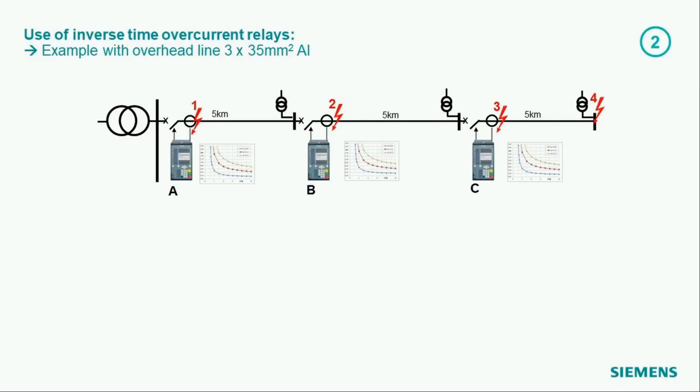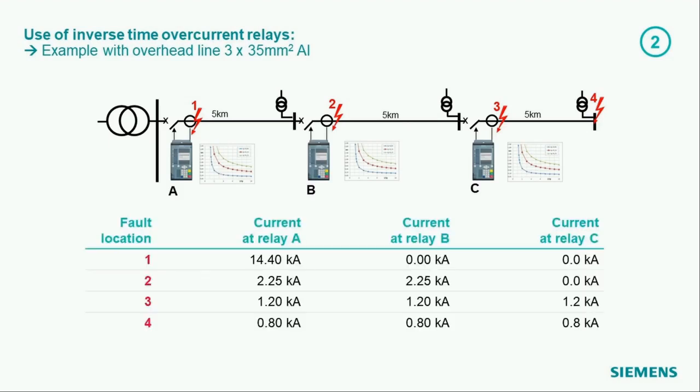You see here again a feeder, in this case with 3 overhead lines. In this case, it are really overhead lines. I did a calculation with 5 kilometer, pretty weak overhead line. And again, here I did a short circuit calculation.